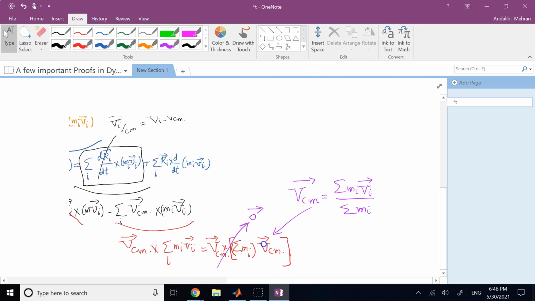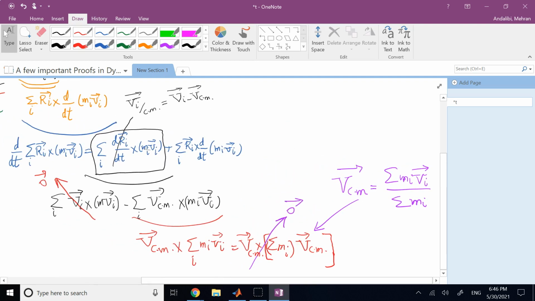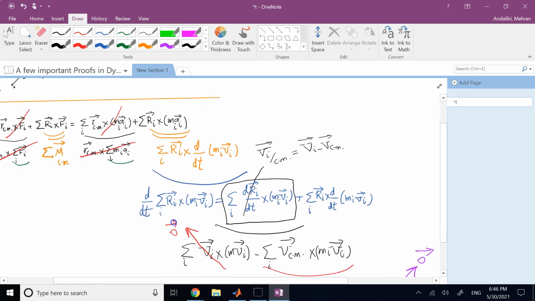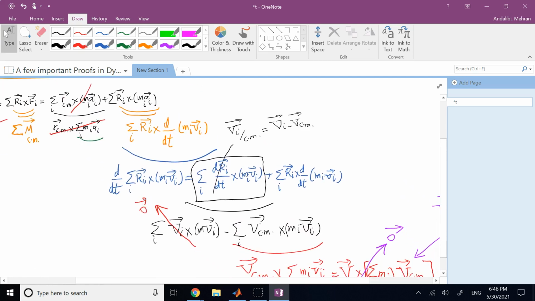You see, so with some manipulations of the cross products and terms, I can show you really that finally this term on the right hand side can really be written only as what? I can write it as the time derivative of summation ri cross mivi, right?